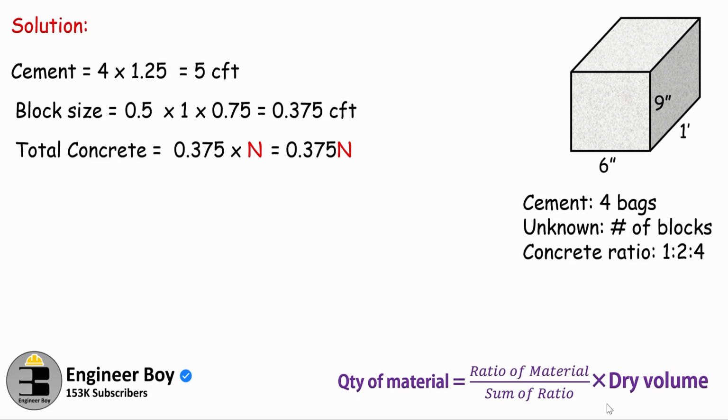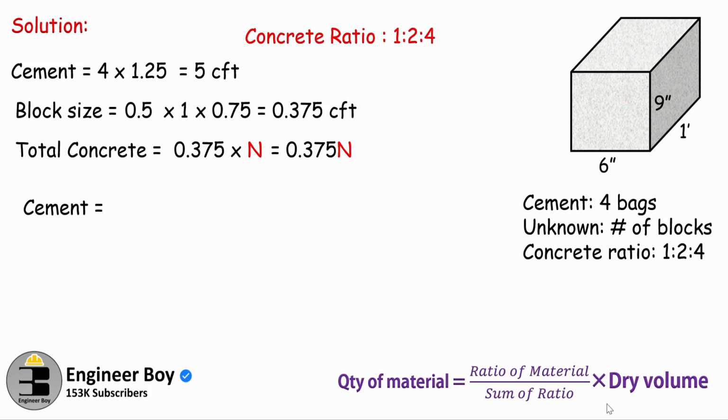The only quantity that is known is the cement. The ratio for concrete is known, 1 to 2 to 4, where 1 means the ratio of cement, 2 means the ratio of fine aggregate, and 4 is labeled for the coarse aggregate.